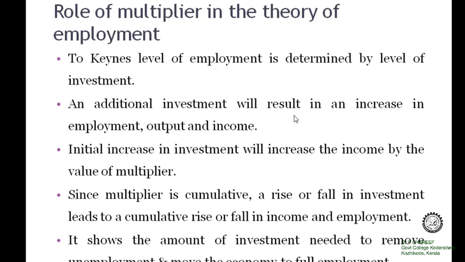The initial increase in investment will increase the income by the value of multiplier. Since multiplier is cumulative, a rise or fall in investment leads to a cumulative rise or fall in the income and employment. And now we can conclude here.